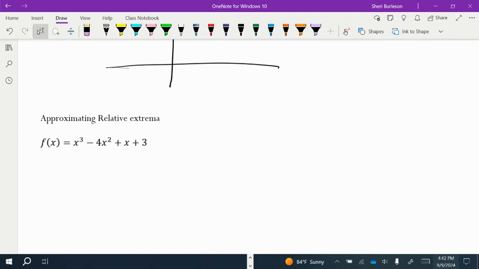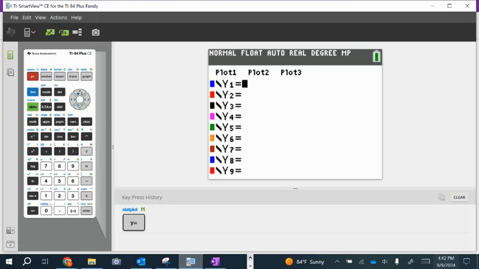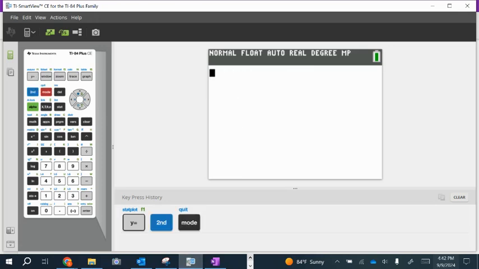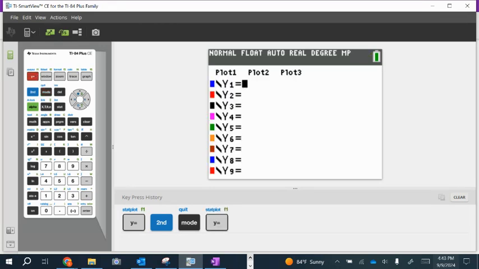I've got two more things to show you and then we will be done. You are going to be able to use your graphing calculator to approximate a relative max and a relative min. So what I want to show you is how we are going to do that. When you're on the main screen, hit the y equals button.